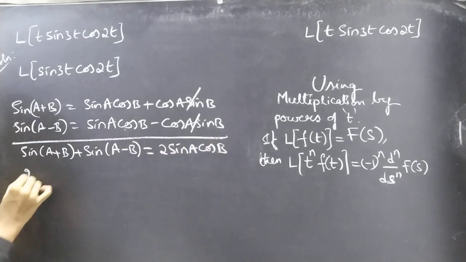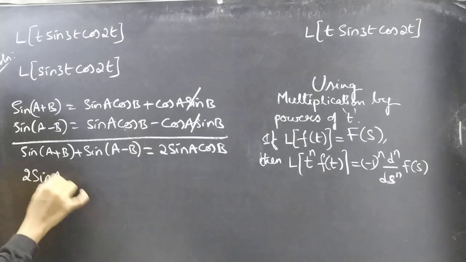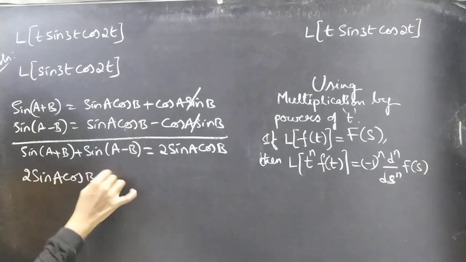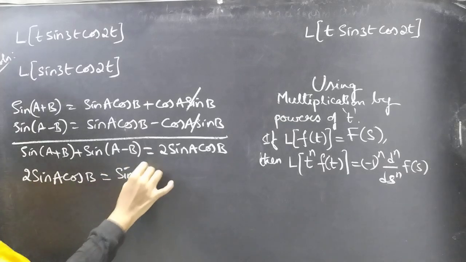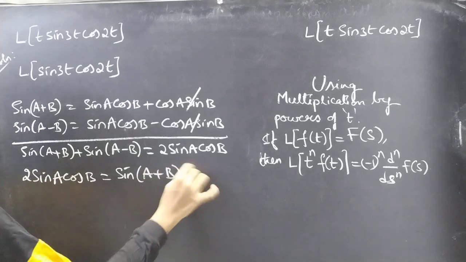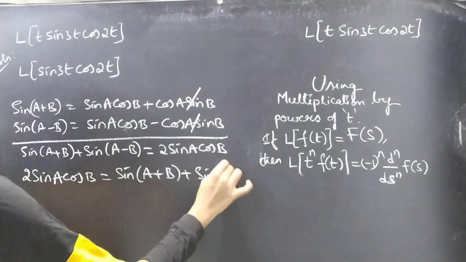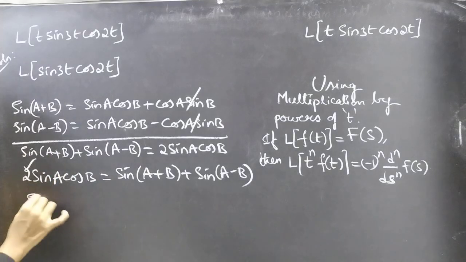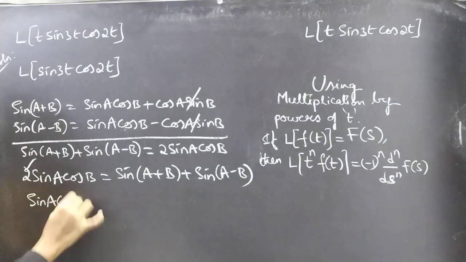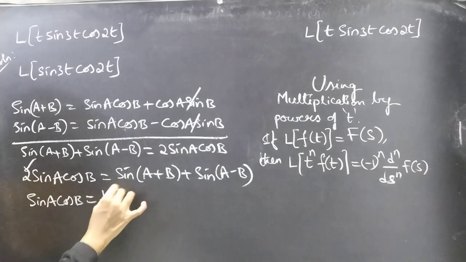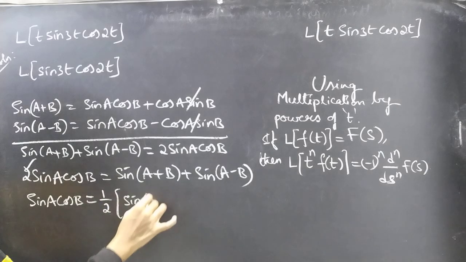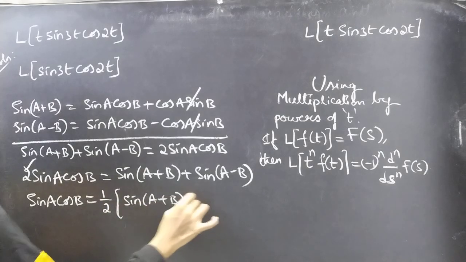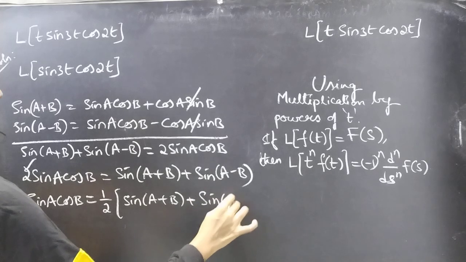So we have 2 sin a cos b equal to sin(a plus b) plus sin(a minus b). Now take this 2 to the RHS, then you'll get sin a cos b equal to 1 by 2 into sin of (a plus b) plus sin of (a minus b).